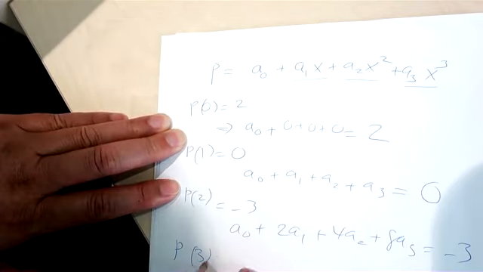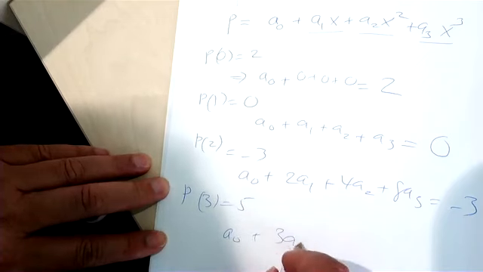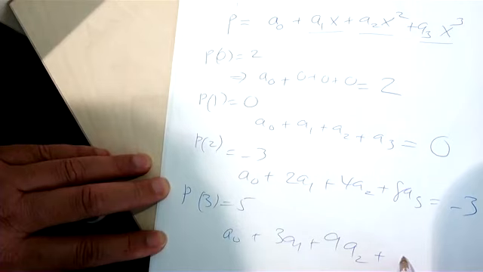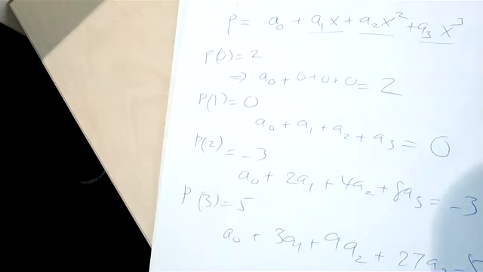And P(3) equals 5, so you get A0 plus 3A1 plus 9A2 plus 27A3 equals 5. So you get 4 equations, 4 unknowns, and you can solve it easily. You put it into MATLAB, you solve it.